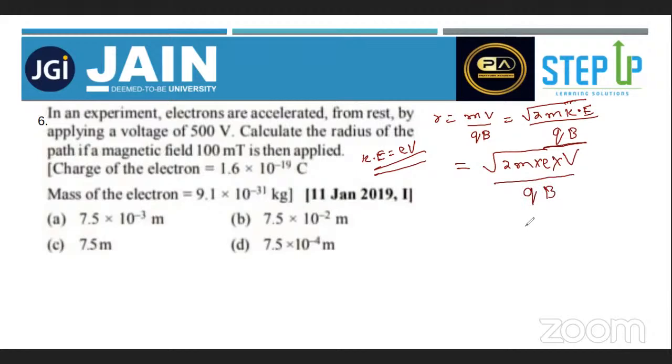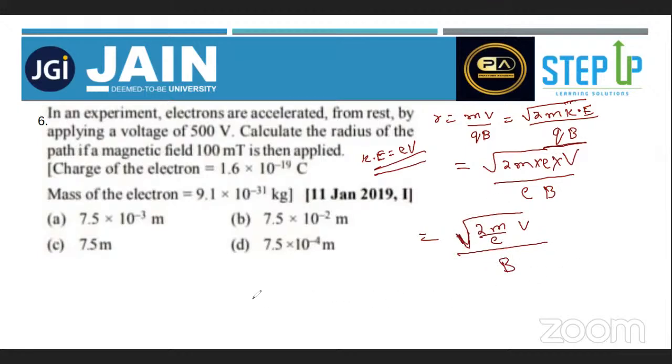So now, again, same thing: I can write q also as e, because it's an electron. Or I can write this formula in this fashion as well. I'll divide the terms, so I can write it as 2m e into V upon B. This is all under root.